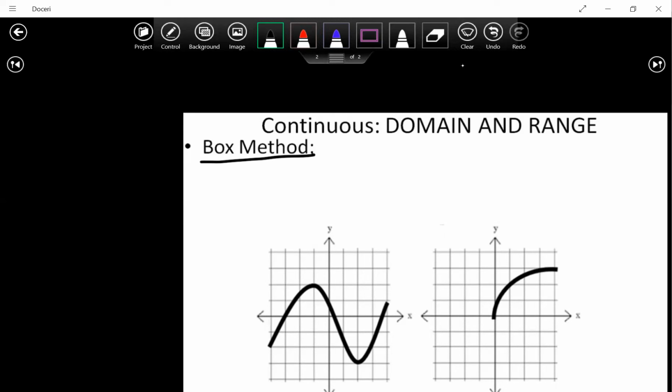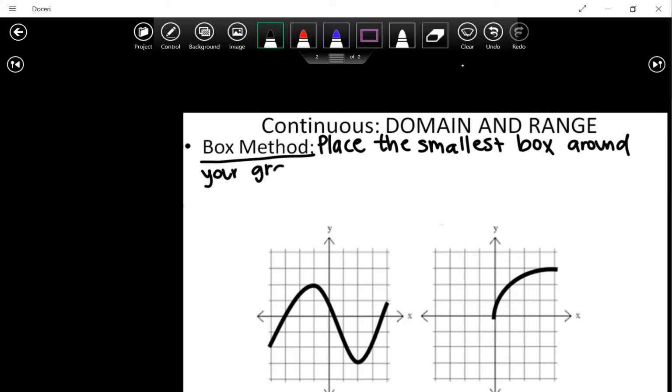The box method is: place the smallest box around your graph or figure.